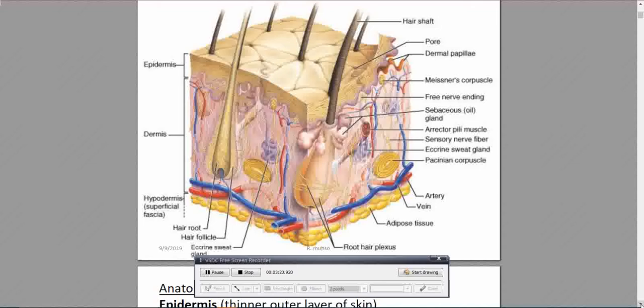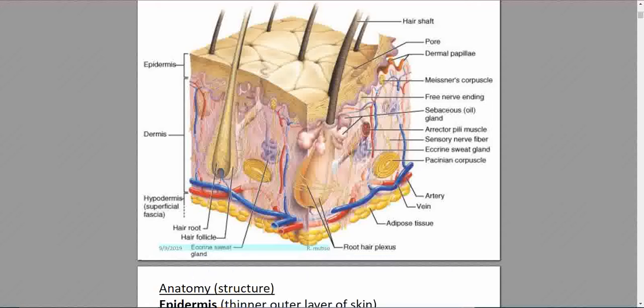They're all in the dermis. Don't forget the root hair plexus, the artery and the vein. Then we have the lower layer, which you can call the hypodermis, or the superficial fascia, or the subcutaneous layer. It's very important that you master all these so that you have them at your fingertips.